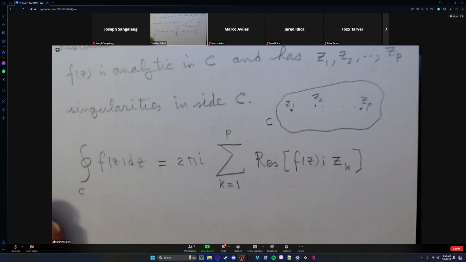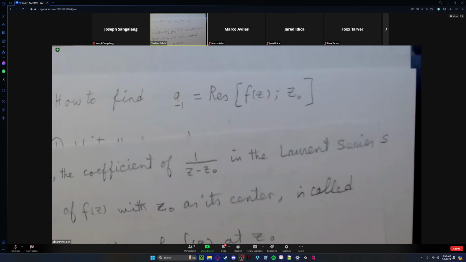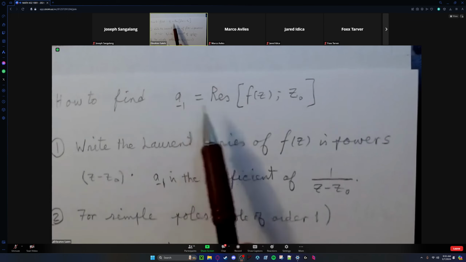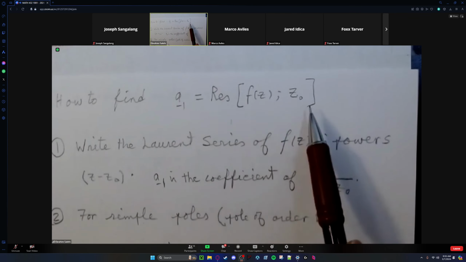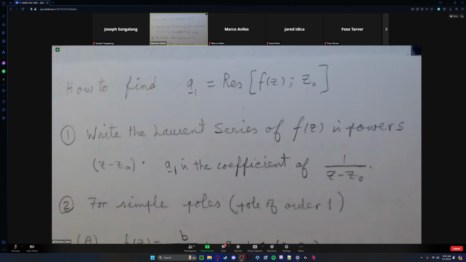Let me give you an example. See how... of course, the question is, how do we find the residue? So that's the crucial fact now. There are maybe several ways of finding that coefficient.